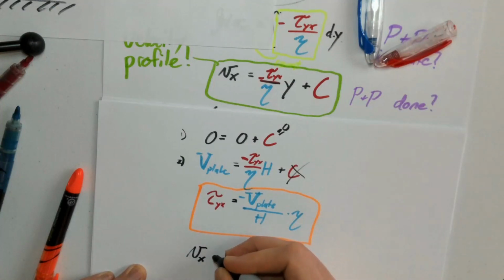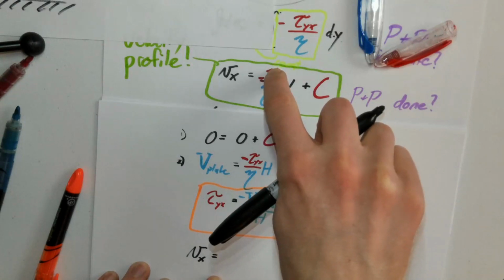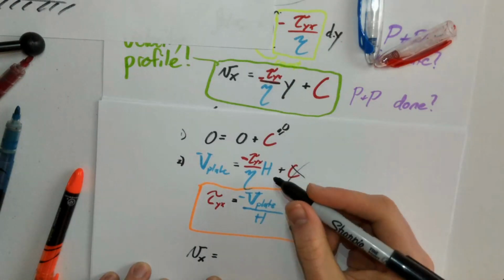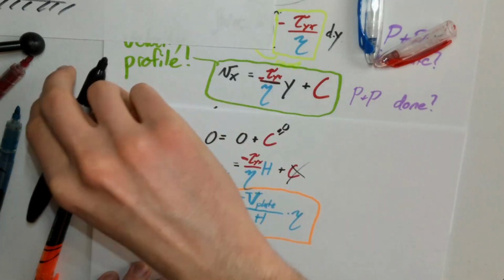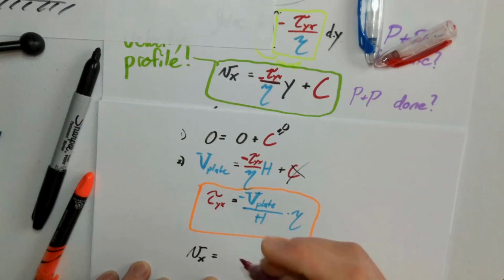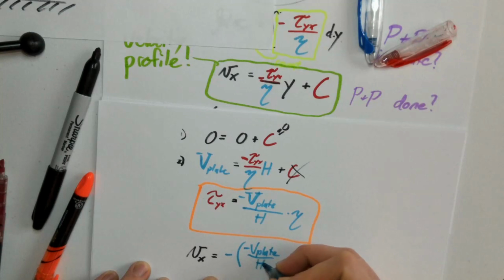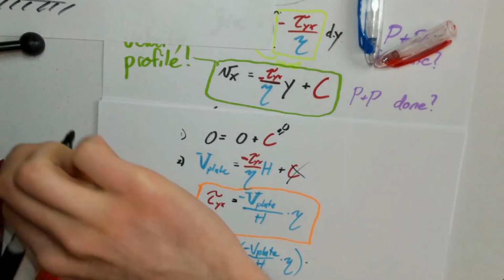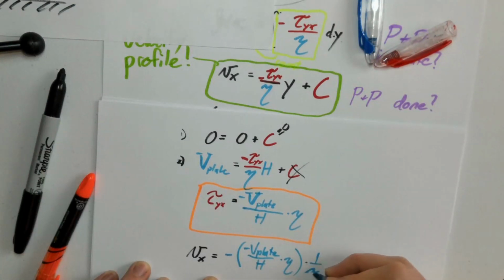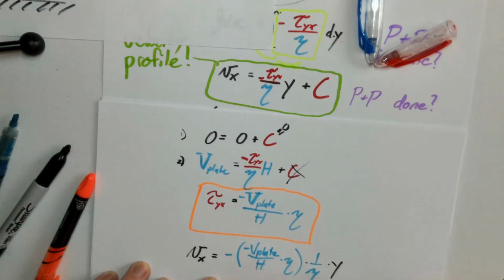We get Vx is equal to, and we can sub in this expression for shear stress back into our Vx equation. And if you do that, you end up with minus V plate over h times eta times 1 over eta times y plus 0, right?